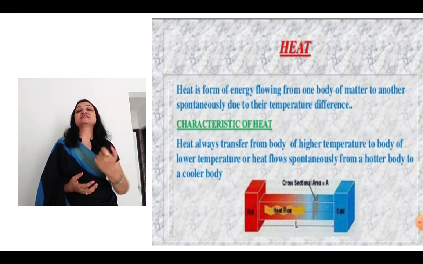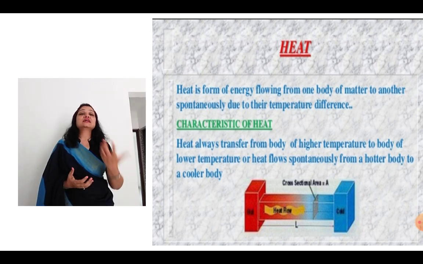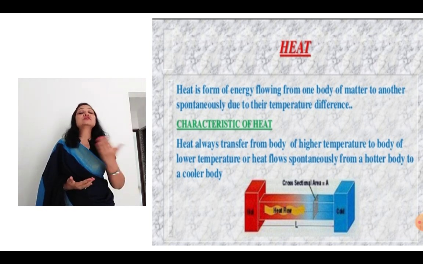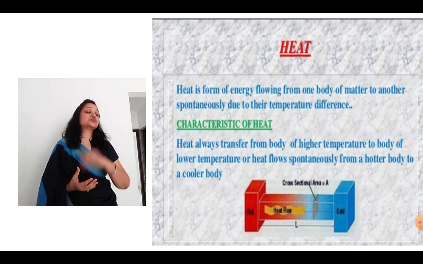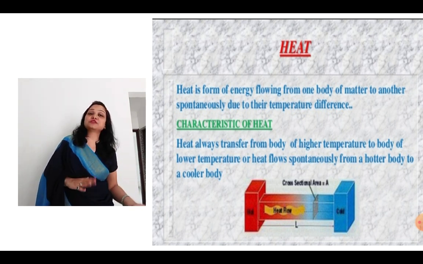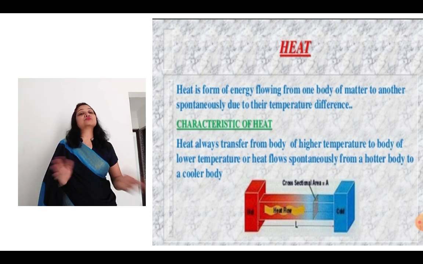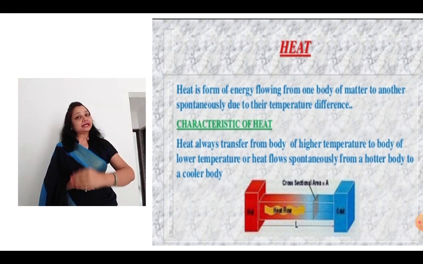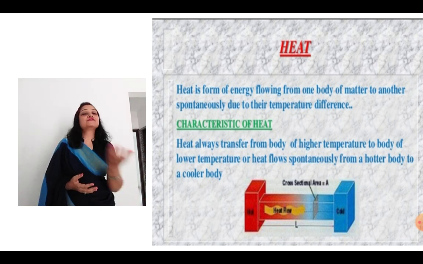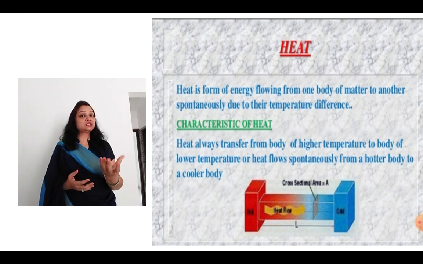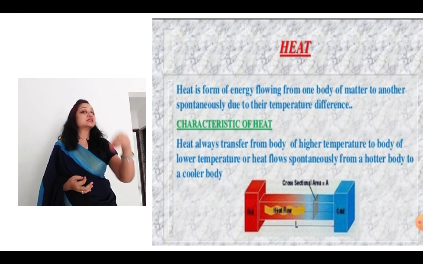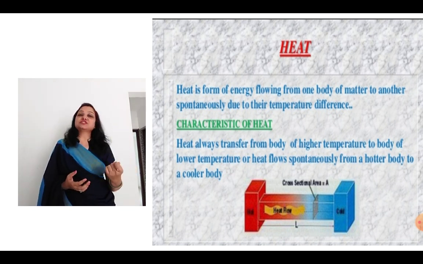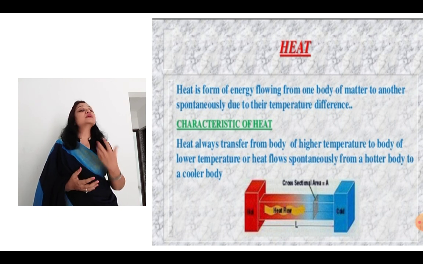Now the main characteristic of heat is that it always transfers from a body of higher temperature to a body of lower temperature. It will never happen that it will be transferred from lower temperature to higher temperature. If you are having a cup of tea and you keep a steel spoon in it, after some time when you touch the spoon, it will also become hot.